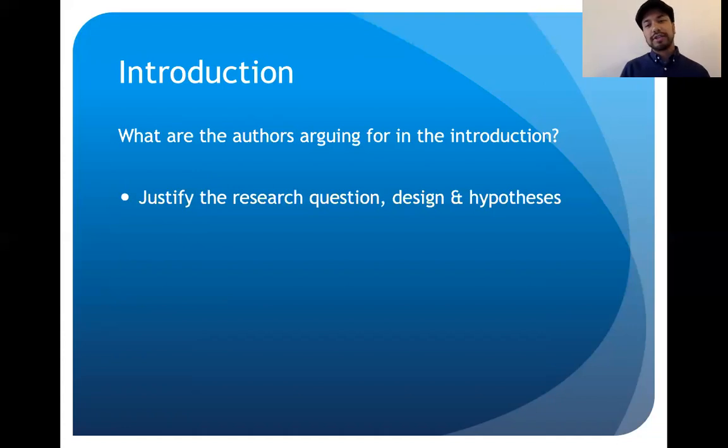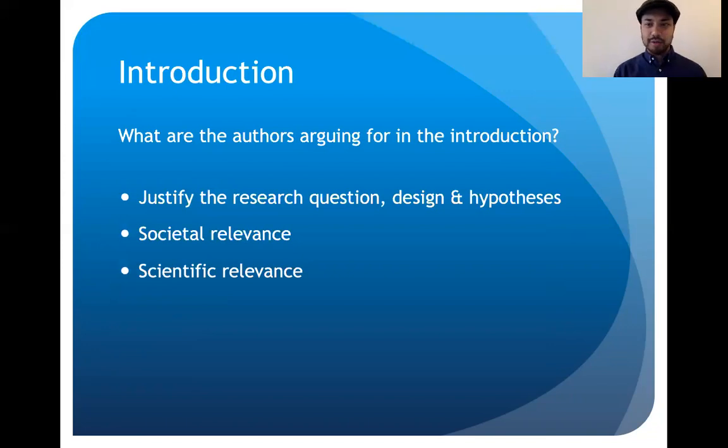And eventually you're also saying, hey, my hypotheses, the direction of the effect that I expect, also make sense. Now, how do you make this argument? One way is by talking about the societal relevance. You're saying there's some problem out there in society or some room for improvement, and my study is going to contribute to solving the problem or improving society in this way. That's why I should research it.